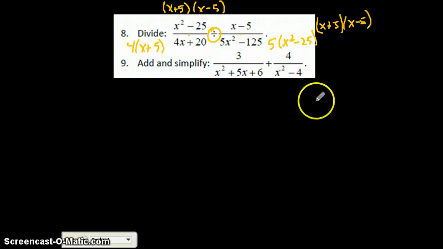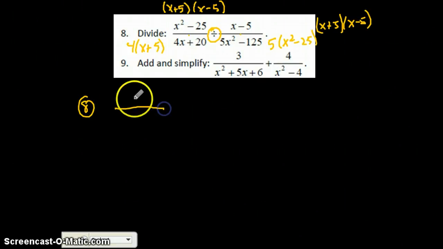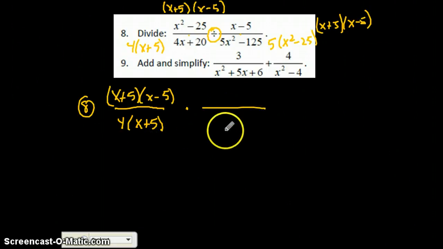Now what we're going to do is just rearrange that problem. So number 8, remember the first rational expression was x plus 5 times x minus 5. And that was over 4 times x plus 5. Times, now in the interest of time, I'm going to just put the x minus 5 over here.